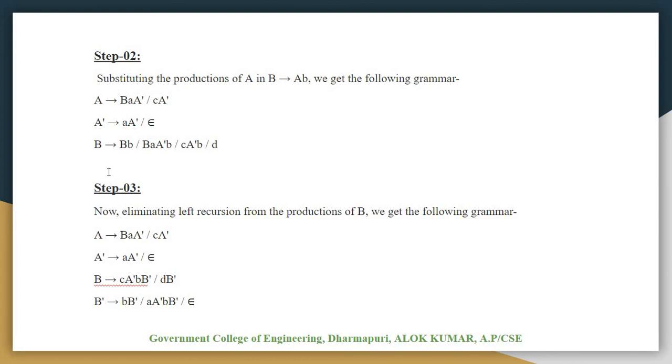These production rules stay the same, and B will generate C A dash B B dash D B dash, and B dash will generate B B dash, A dash B B dash and empty. In this manner we can remove the left recursion from the given grammar.